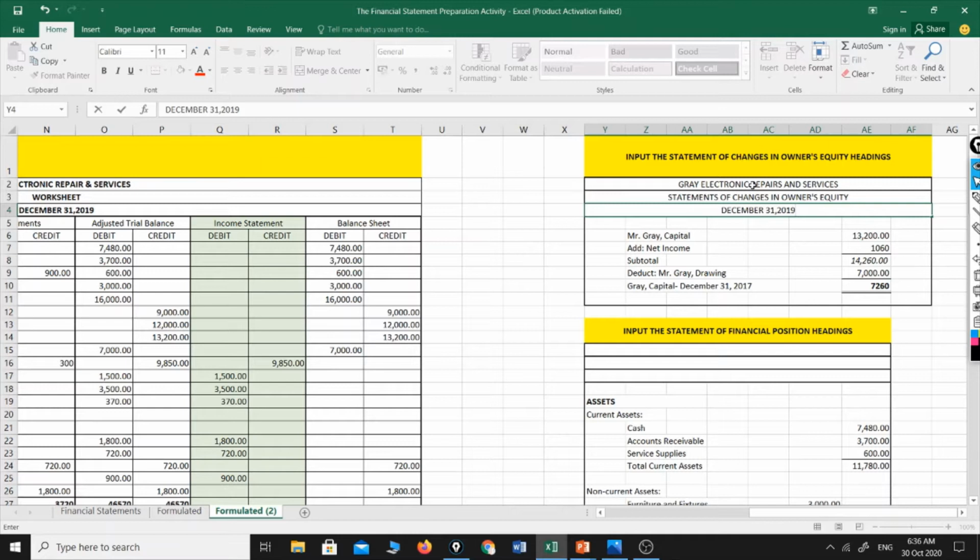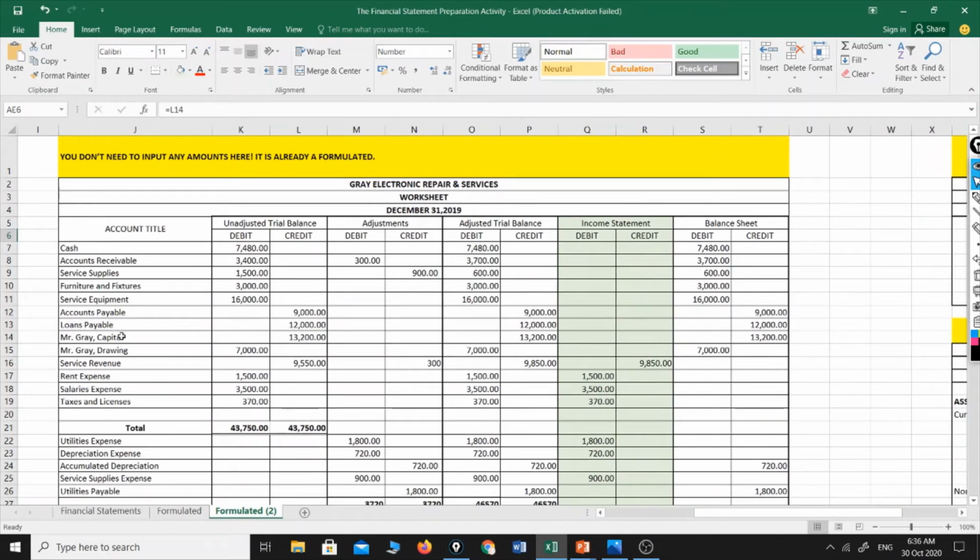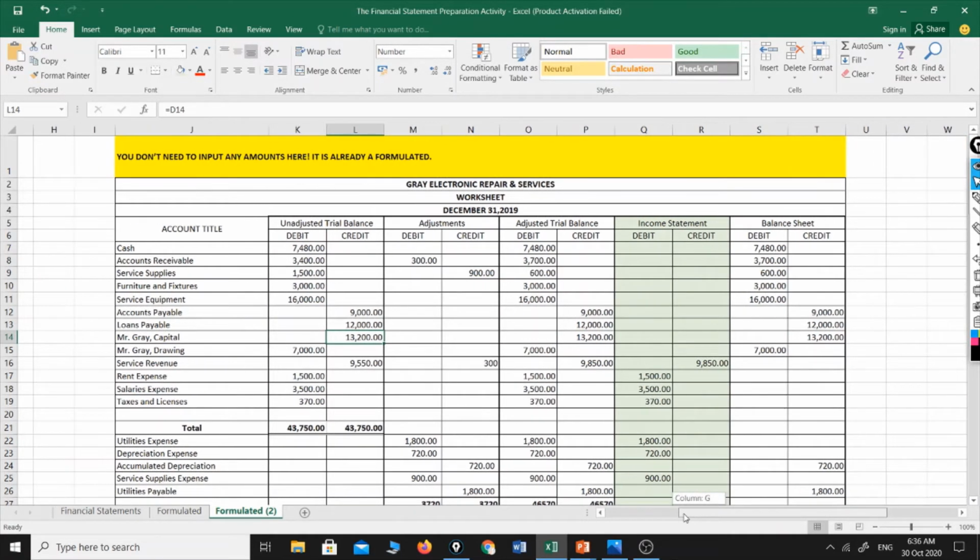Okay. So Mr. Gray, capital, beginning, again, this is beginning by the way. So we have an amount of 13,200. So where did we get the amount of 13,200? We get that one from the unadjusted trial balance, 13,200.